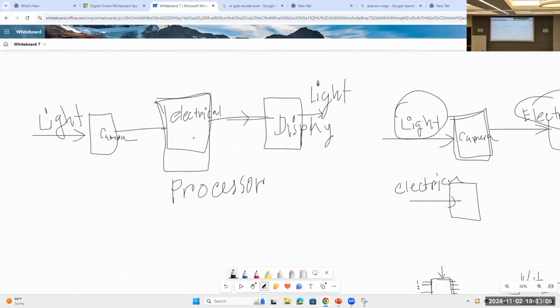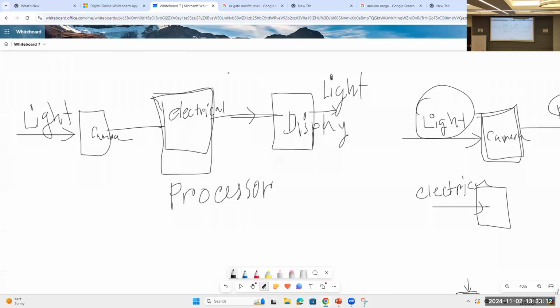That's how the sensor and processor work, because this is all connected. The processor is integrated with sensors and displays. In this case, the sensor is sensing light and the display is also displaying light.